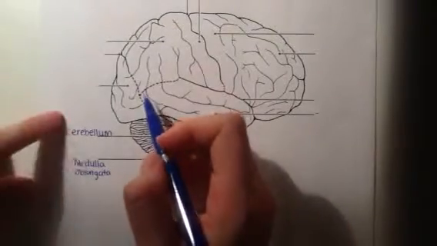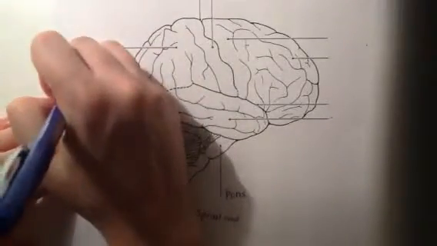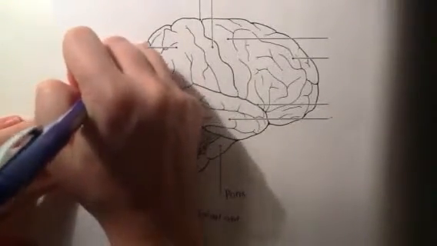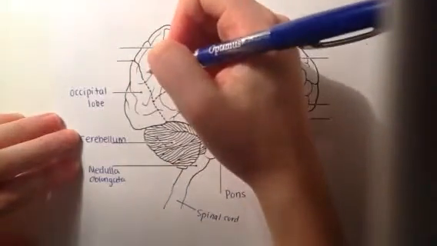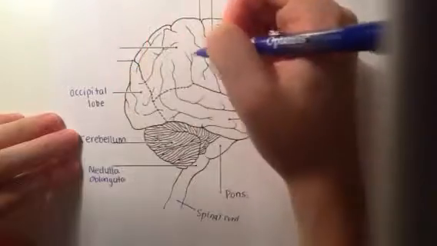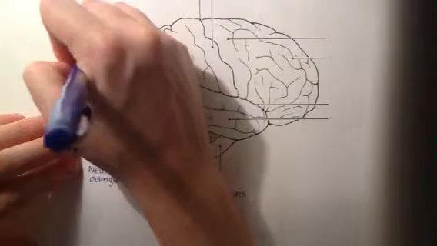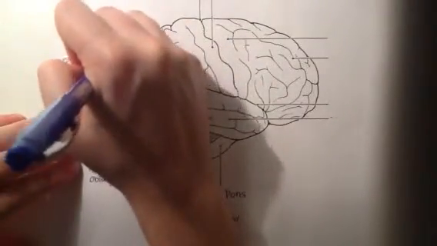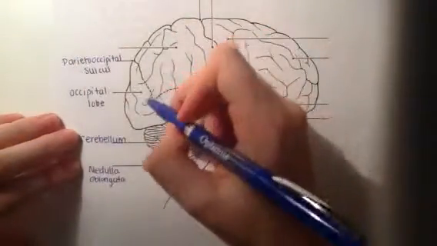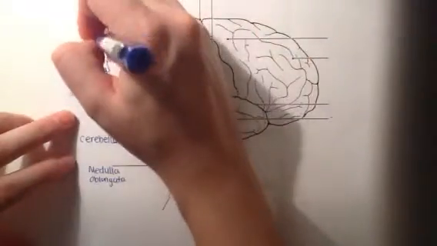In the back of the brain, the most posterior lobe of the brain would be your occipital lobe. The sulcus that goes in between the occipital lobe and the parietal lobe is your parieto-occipital. And since it's a groove, it's a sulcus. And that's the groove in between your occipital lobe and your parietal lobe.